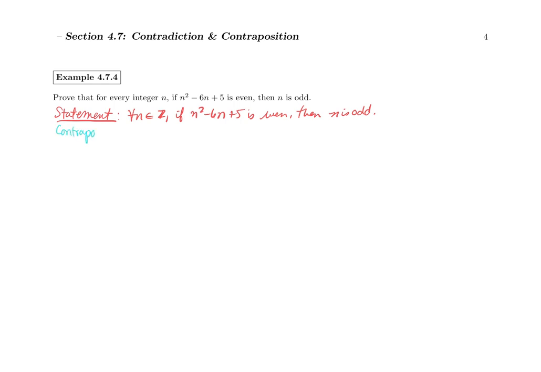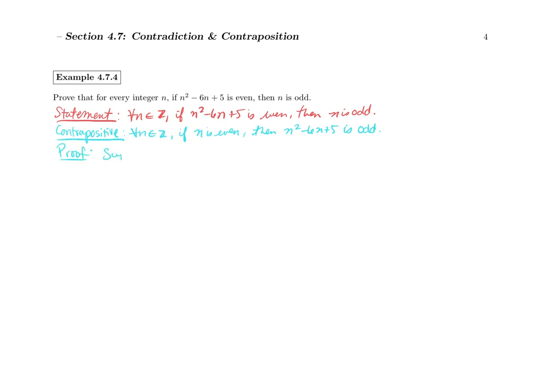So our contrapositive is going to say, for all n in the set of integers, if, and now switch p and q and negate them both, n is not odd, which is even, then n squared minus 6n plus 5 is not even, which is odd. So now we want to prove that if n is even, then n squared minus 6n plus 5 is odd.